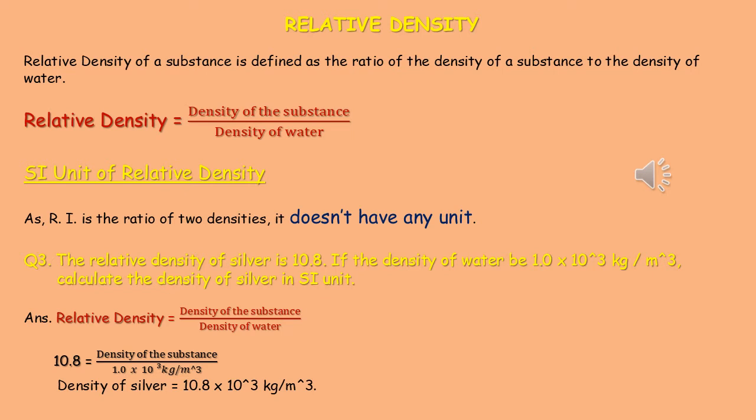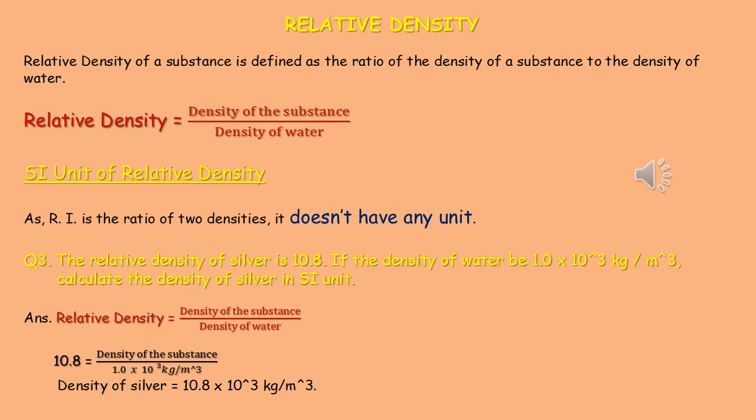We'll write down the formula. Relative density is equal to density of substance by density of water. So 10.8 is equal to density of substance by 10 to the power 3 kg per meter cube. By doing cross multiplication, we can get that density of silver will be equal to 10.8 into 10 to the power 3 kg per meter cube.